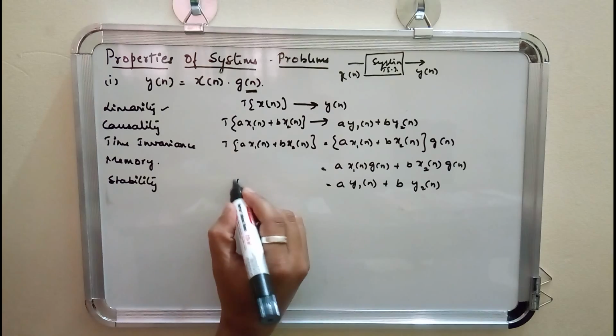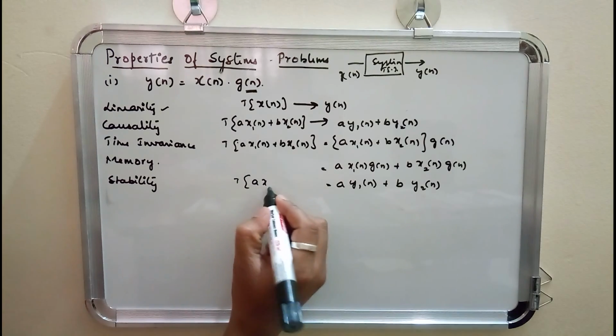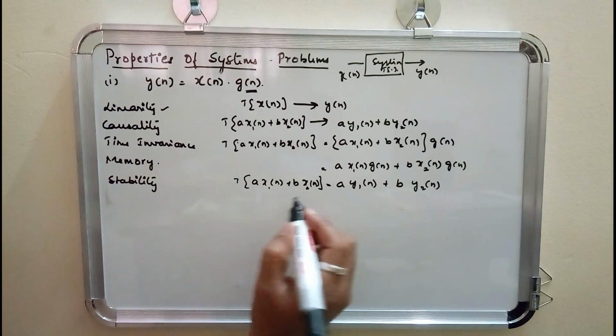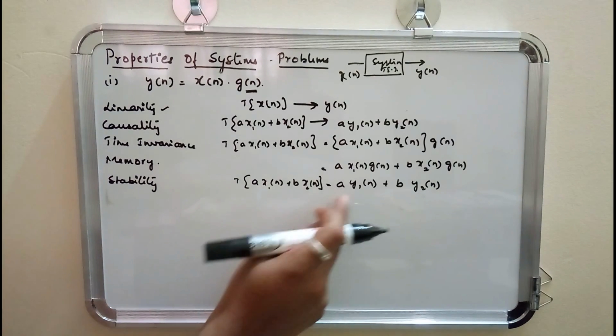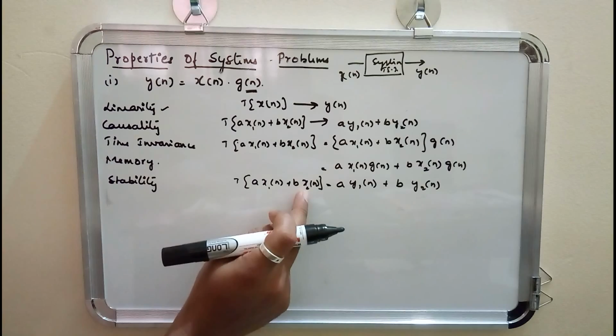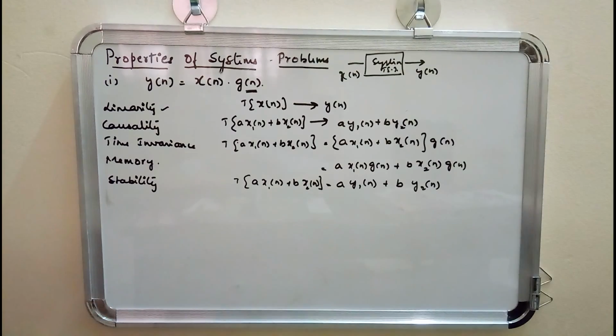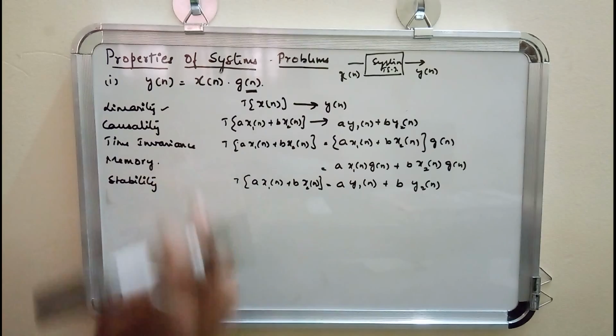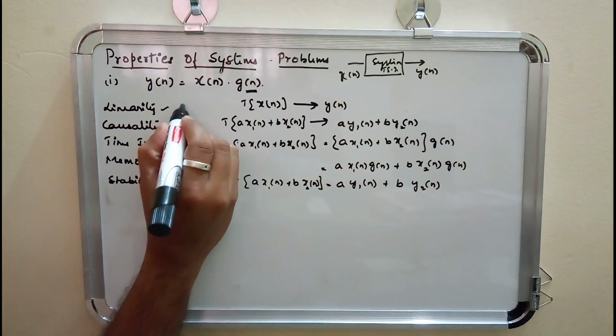So on the left hand side we have a x1 of n plus b x2 of n. On the right hand side we have a into the response of the system to x1 of n plus b into the response of the system to x2 of n. So since this condition is satisfied, the system is linear.